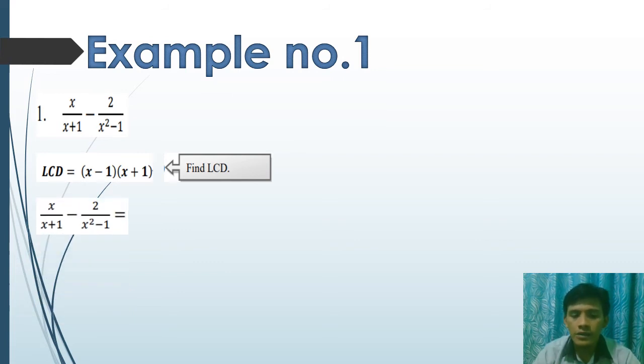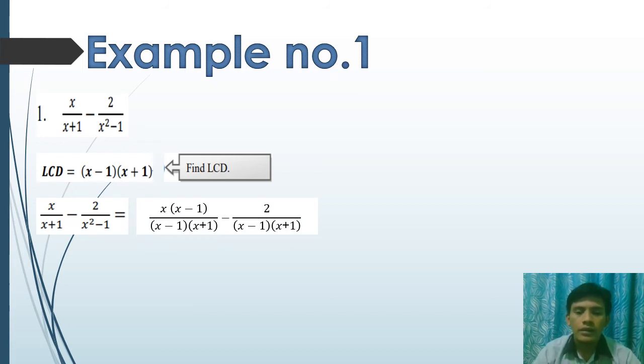Dividing the LCD by x plus 1, the result is x minus 1.